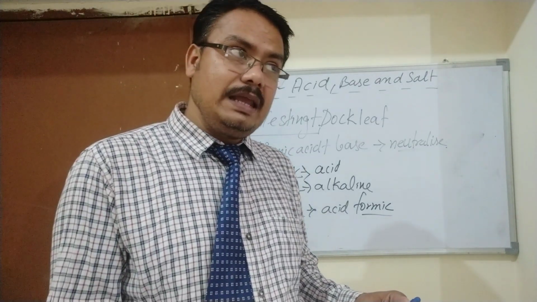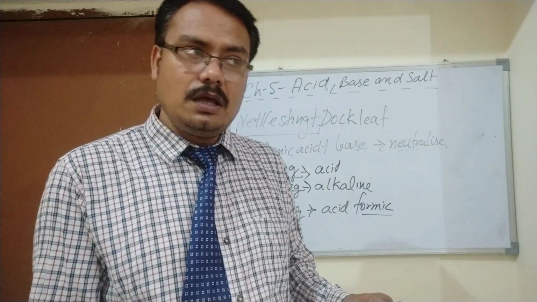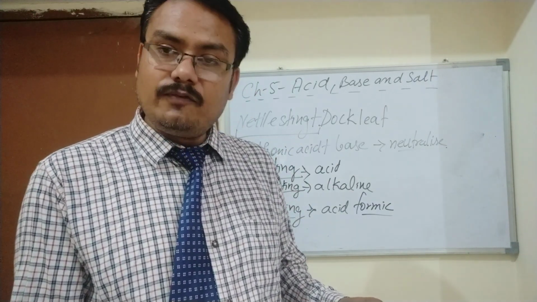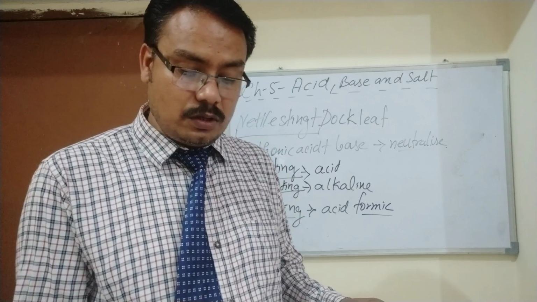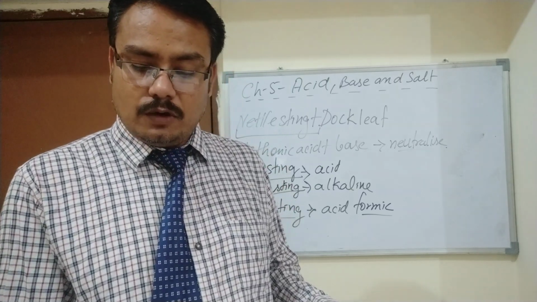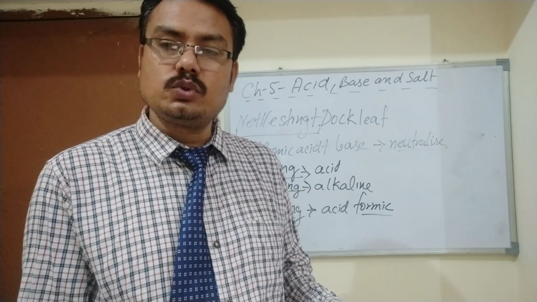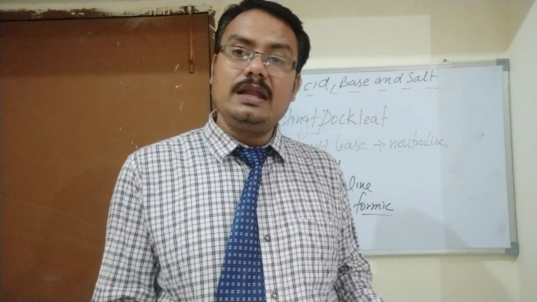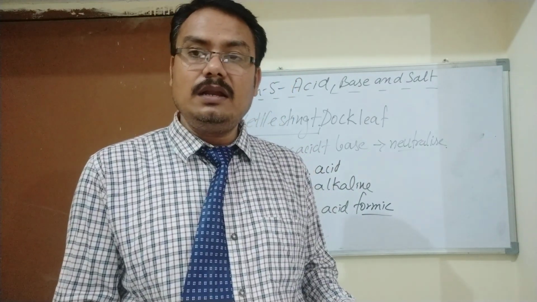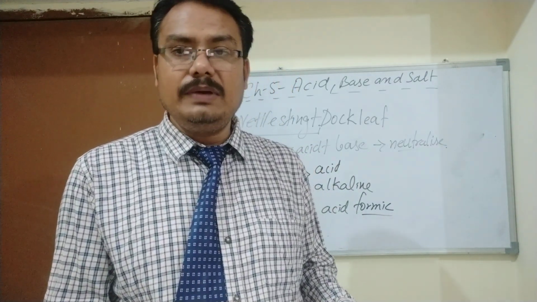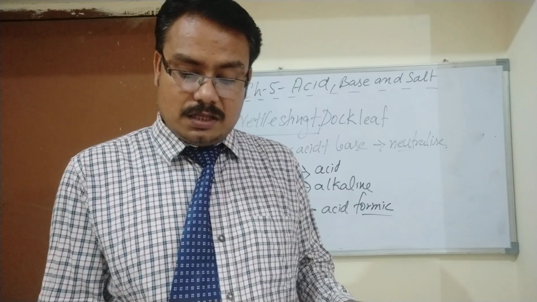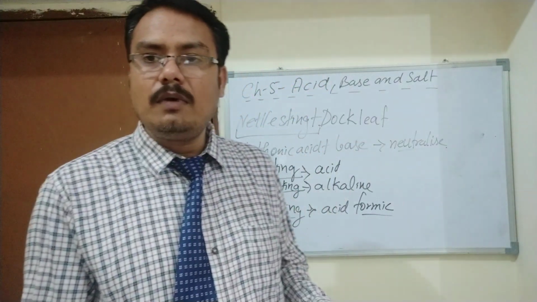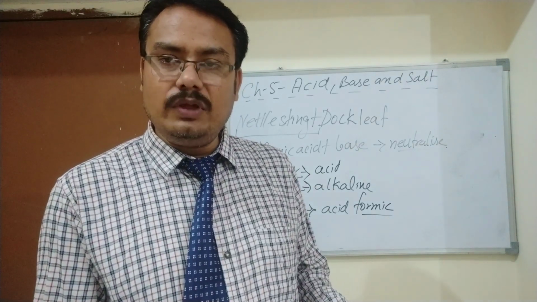That fire extinguisher machine contains both sulfuric acid and a solution of sodium hydrogen carbonate. So in the fire extinguisher container, it contains both an acid and a base: an acid like sulfuric acid, and a solution that contains sodium hydrogen carbonate.